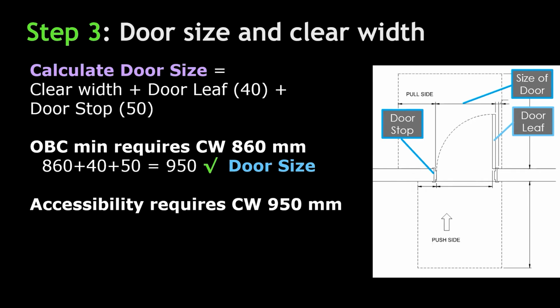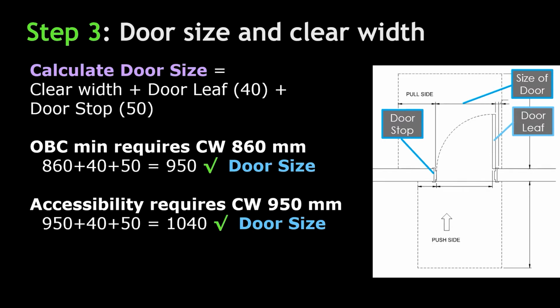But if you look at many of the resources that we're going to be providing, the accessibility requirements might look at having a clear door width of 950 or greater, depending on what the needs are. So again, if we did the math, we would take the 950, add the door leaf width of 40, add the door stop of 50, and that would mean the door size you would be selecting for the project would have to be at least 1040. And again, that would depend on the hardware and other factors. But this is the way that people make this kind of mistake.